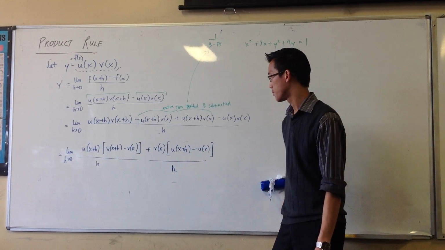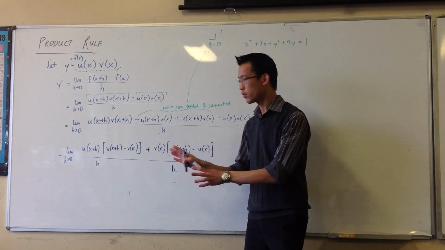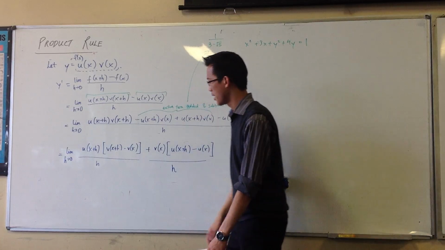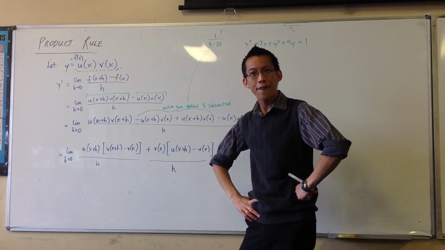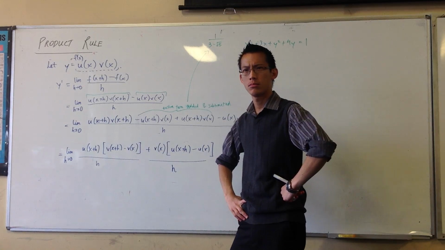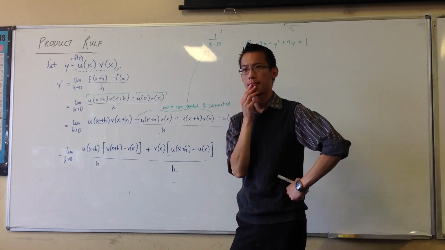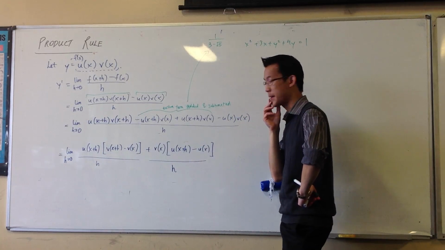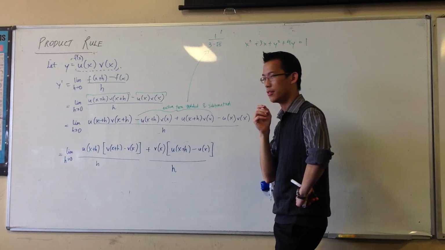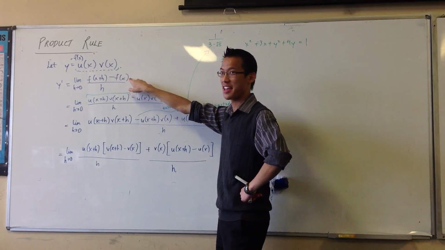Is that okay? Now, just for a second, ignore the right-hand side fraction. Just look at the left-hand one. Are there any features in there that look familiar or useful? When it says v of x plus h minus v of x, isn't that just v of h? No. Just like this is not just f of h.